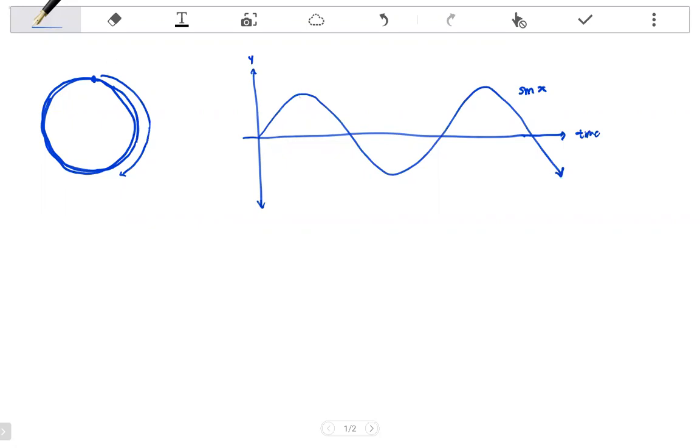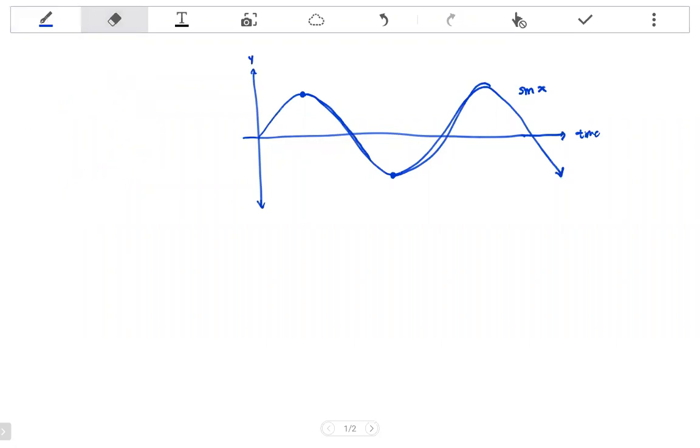See here, right now this point is right here, but as it goes down like that, once it reaches the bottom, it's this point. And when it goes up again, this graph is going up again. We're just basically modeling a point going around a circle, because that's what sine and cos is.